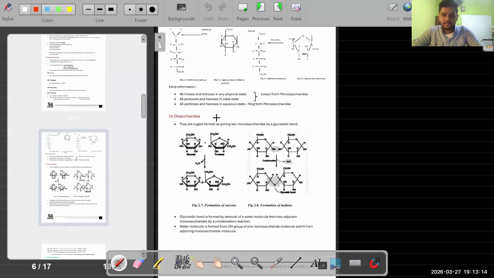And then we went on to the disaccharide part, how a disaccharide is formed. Two monosaccharides combine by a condensation reaction to form a disaccharide. During that, what type of bond is formed? A glycosidic bond is formed.